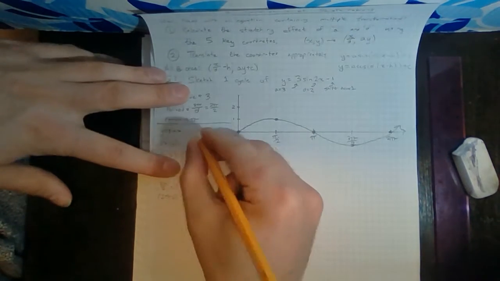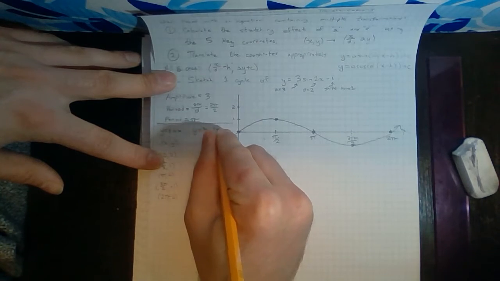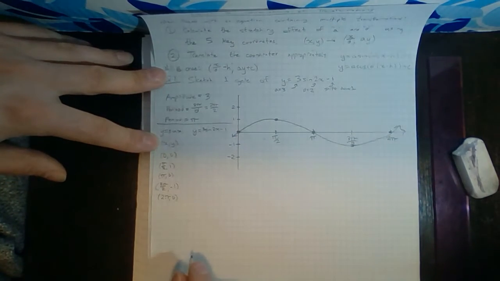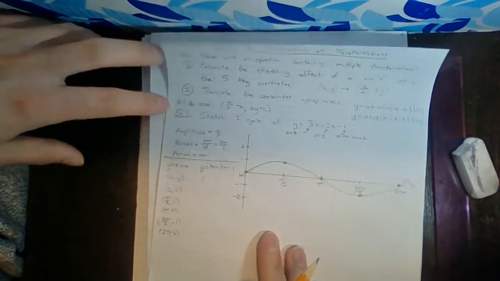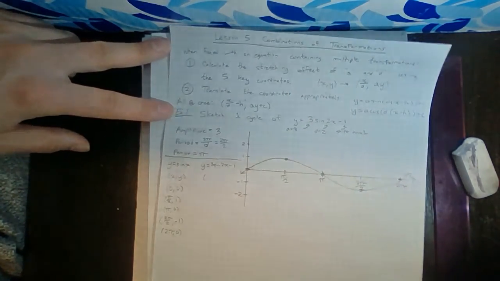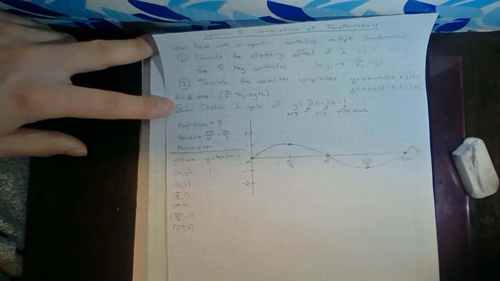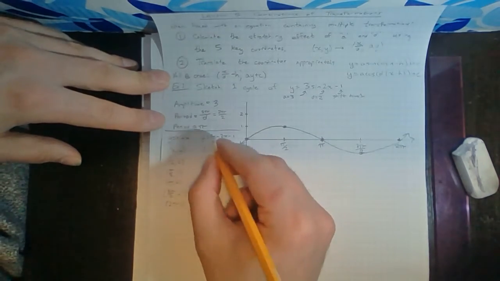Now our transformed function, 3 sine of 2x minus 1. We're going to break this up, so we're only going to look at our stretches. Again, you can do this all at once. That's completely okay. But I'm going to do this for people who maybe aren't quite that comfortable yet.